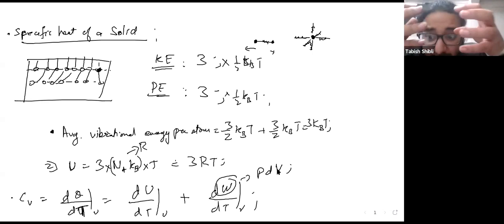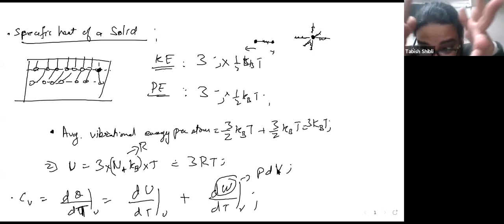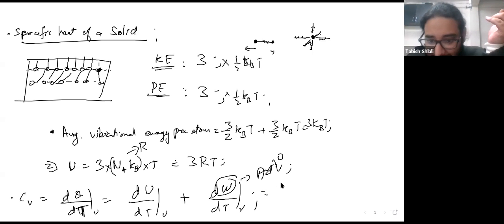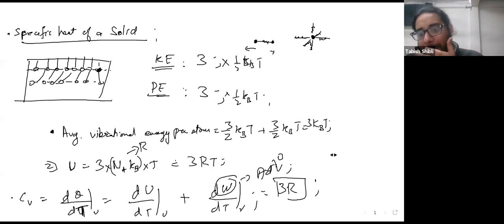As in, you'll require a lot of energy in order to change the volume. So this term can be treated as zero. So your dq by dT is nothing but dU by dT, which is nothing but 3R. So your CV you get as 3R. And hence you can go ahead and calculate CP, and you can go ahead and calculate gamma.